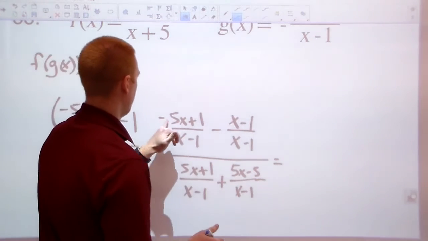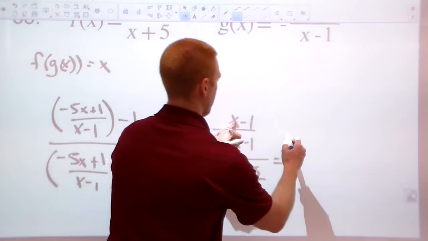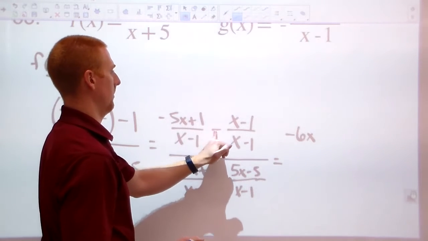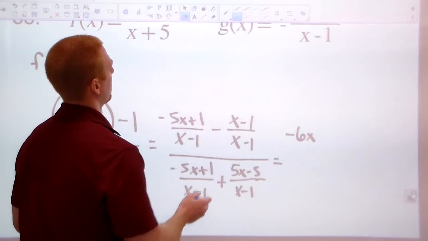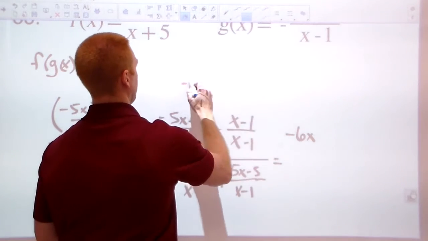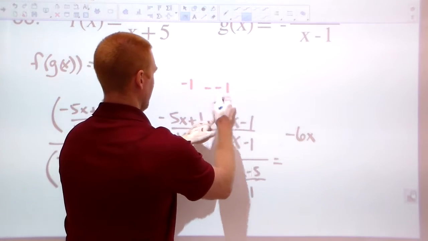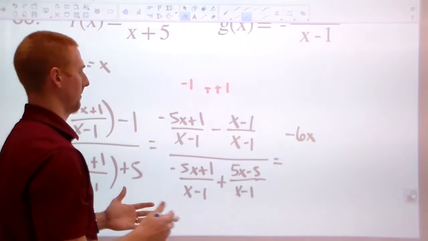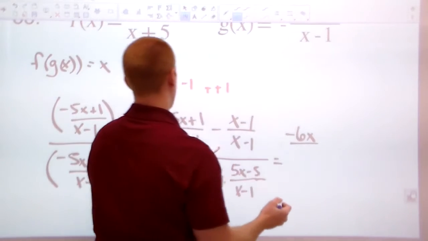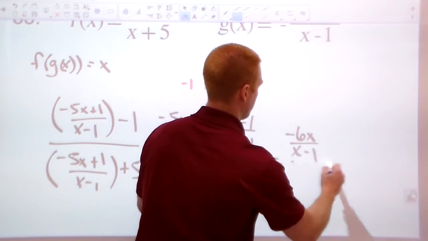All right, let's see what we got. Negative 5x minus another one, so negative 6x. Negative 1 minus a negative, wow, that's a lot of negatives going on. That's negative 1. Minus a negative 1, so really negative 1 plus 1, that adds up to 0. So that part's good. Common denominator, x minus 1.